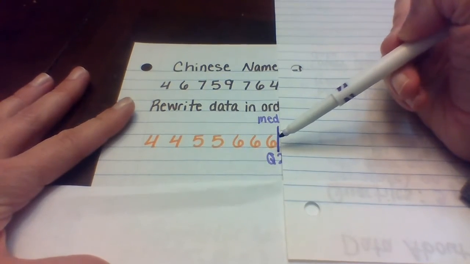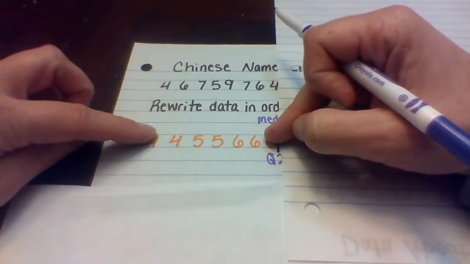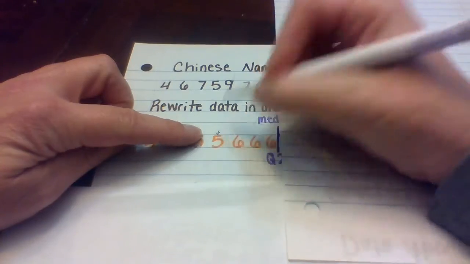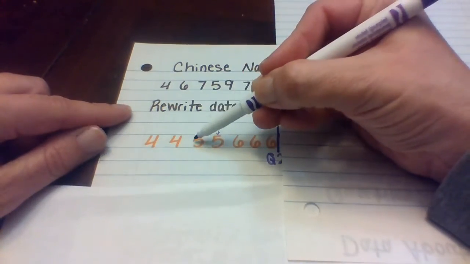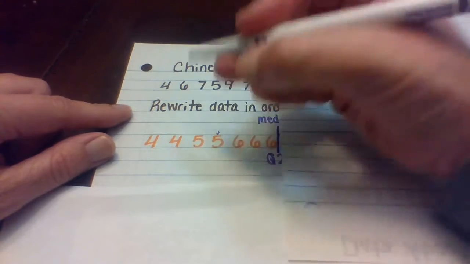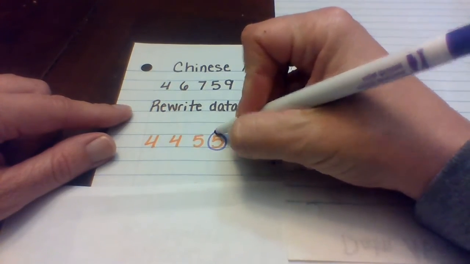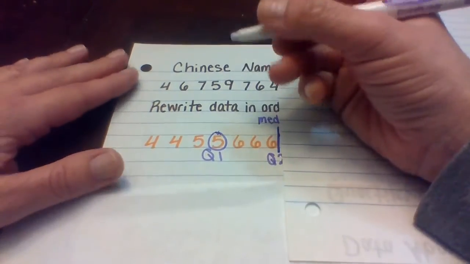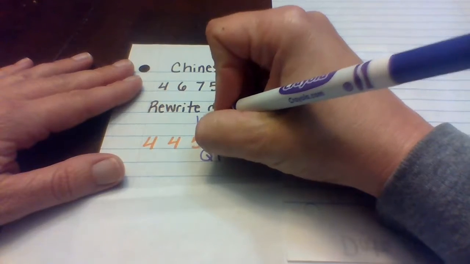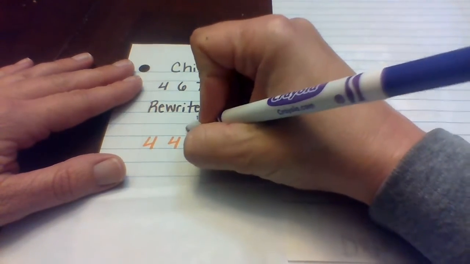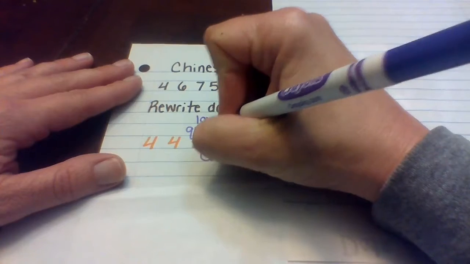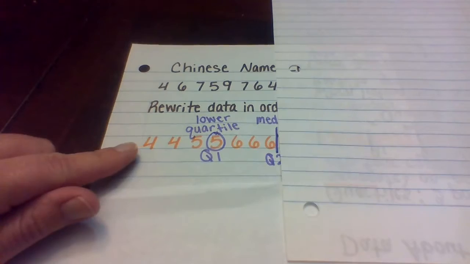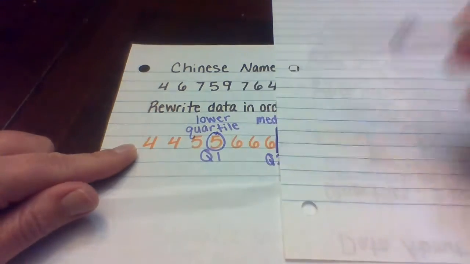So if I were to count to find the middle, it should be this number right here. Let's double check. 1, 2, 3 on this side and 1, 2, 3 on this side. Perfect. So this is going to be my Q1, which is also known as my lower quartile, because it's in the middle of where my data starts all the way to my median.